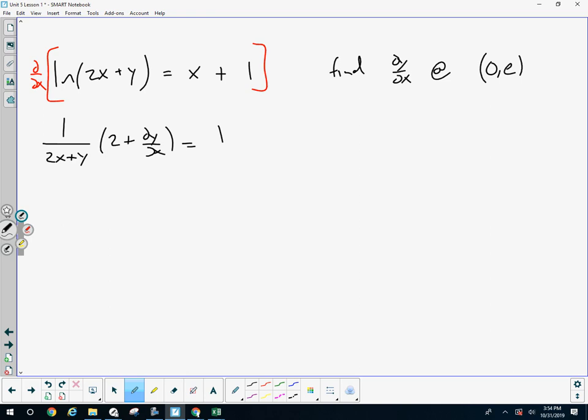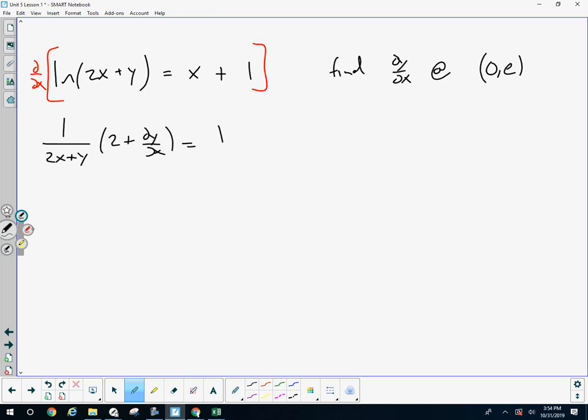Now, in the past, when I had a dy dx stuck inside parentheses, what did I tell you to do? Distribute. It's mostly because I don't have a dy dx on this side. I don't have to distribute. I could now divide by the 1 over 2x plus y, but that's the same as multiplying by 2x plus y.